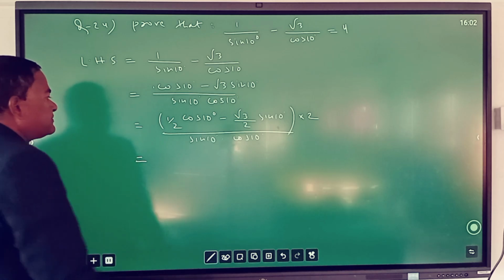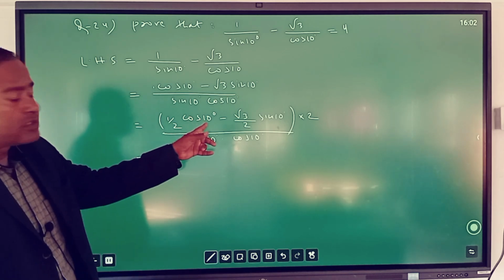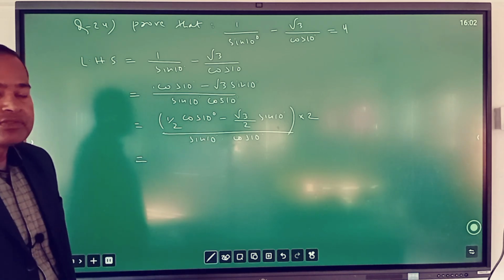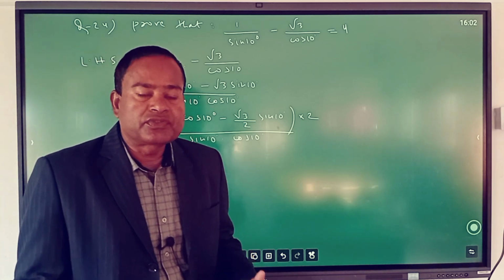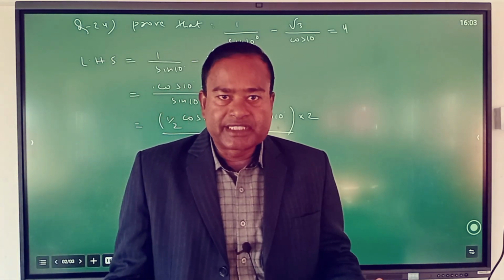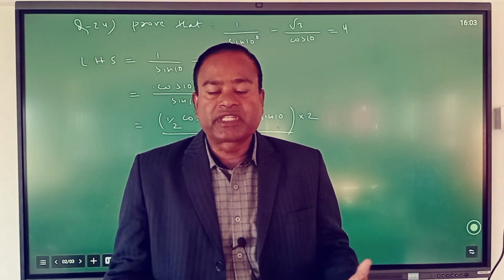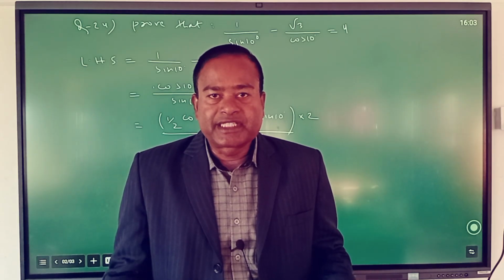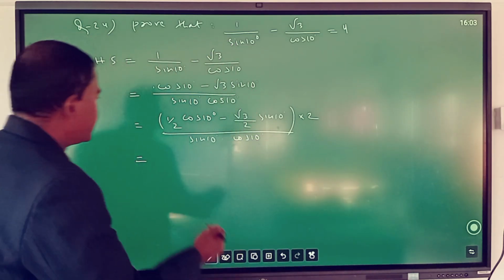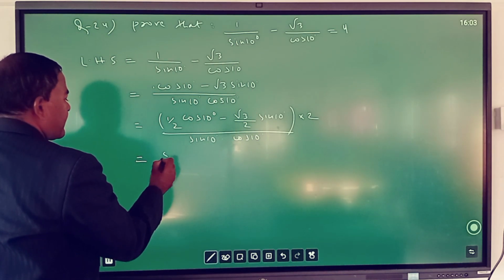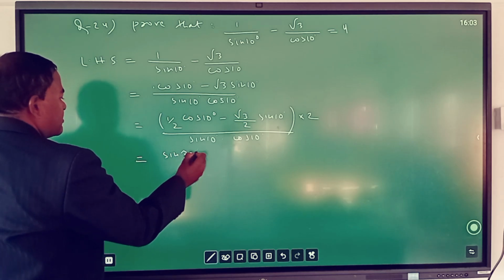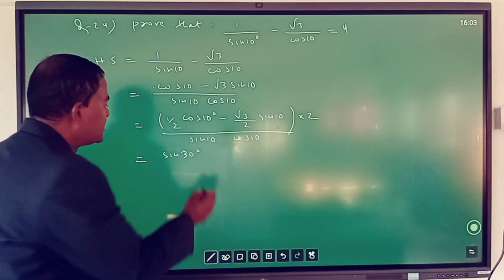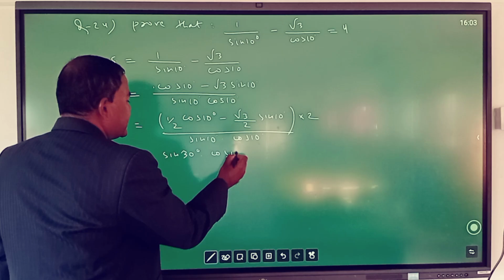Dear students, the coefficient of cos 10 degree is 1 by 2. So let us replace 1 by 2 by sin 30 degree, because we know that the value of sin 30 degree is 1 by 2. So let's replace 1 by 2 by sin 30 degree times cos 10 degree.